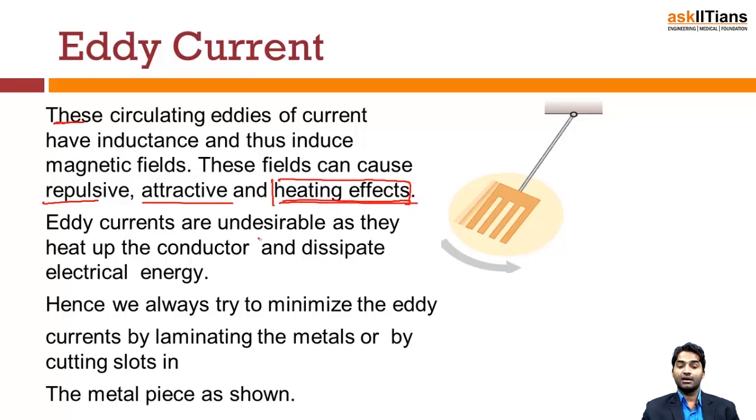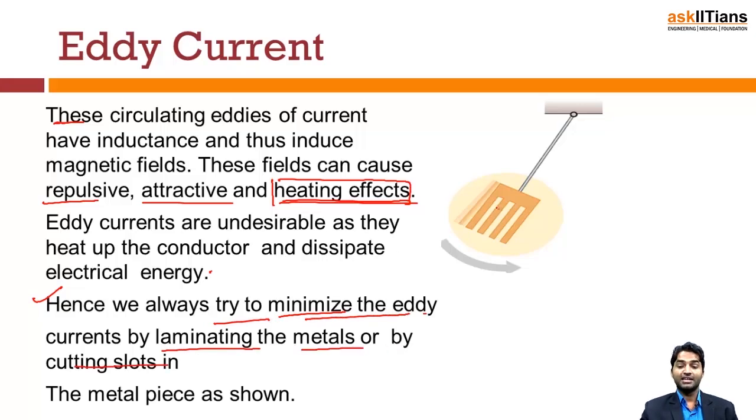Now, eddy currents are undesirable as they heat up the conductor and dissipate electric energy. So we want to avoid these eddy currents, maybe in a transformer, an induction motor, or a generator. What do we do to minimize these currents? We minimize the eddy currents by laminating the metallic part or by cutting slots.